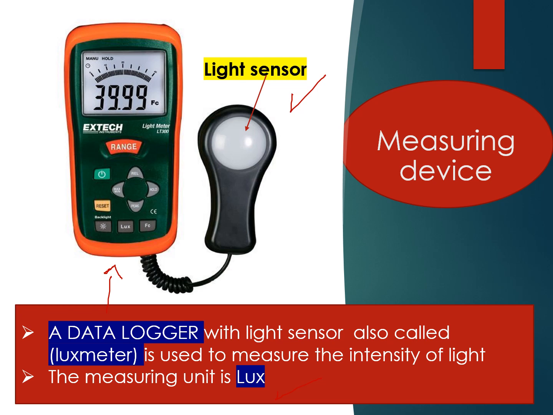Now, if I asked you, how tall are you? You will say 1.5 meter. This is the unit of height. Now the measuring unit for intensity of light is lux, and the name of the device is lux meter or data logger.